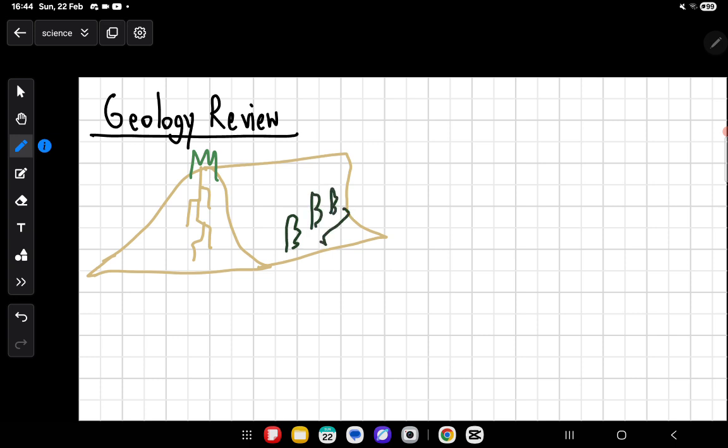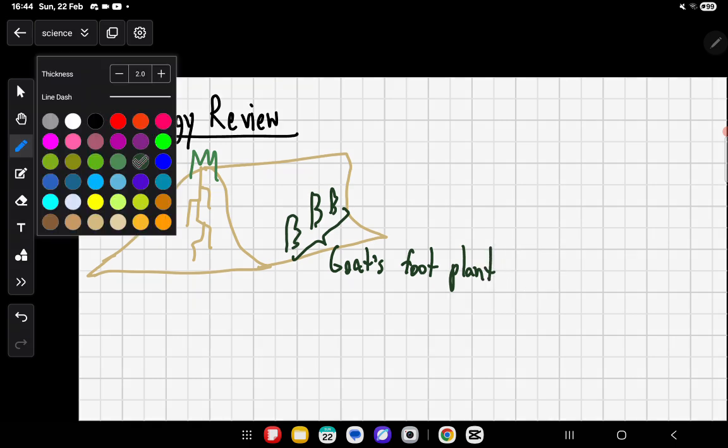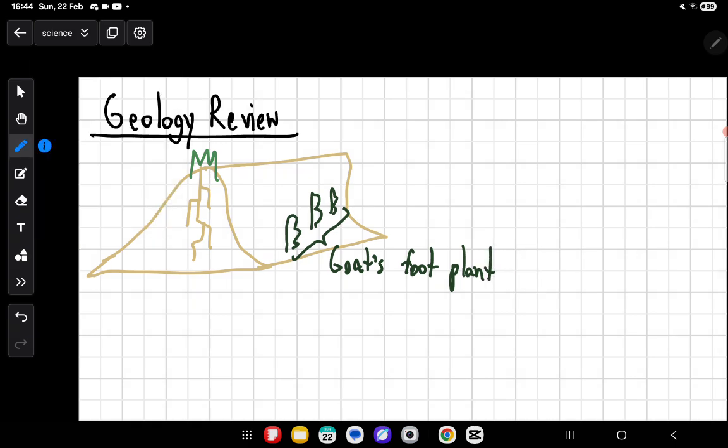These are goat's foot plant. Otherwise, we know these in Thai as something else. But in English terms, we call it the goat's foot plant. Then, there's more grass here. So this is how a sand dune might look like.